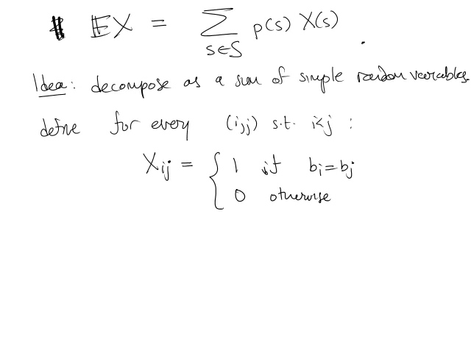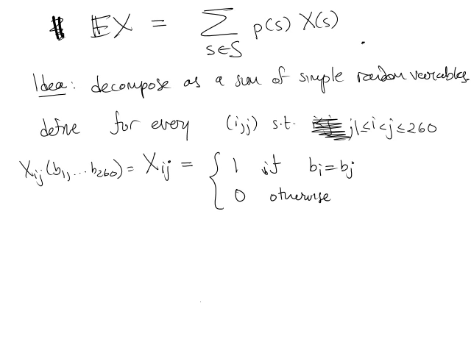Implicitly, xij is a function of b1 up to b260, and i and j have to be between 1 and 260.